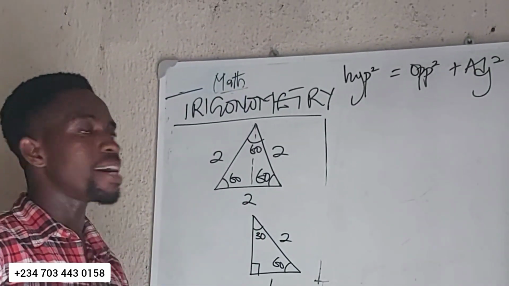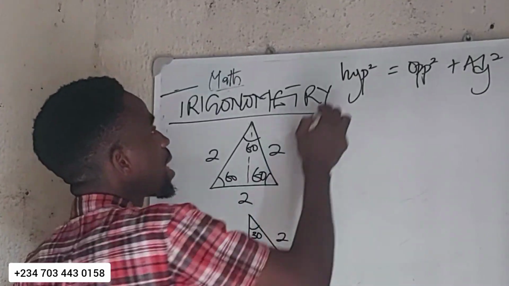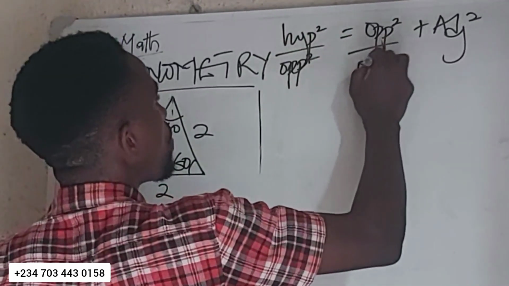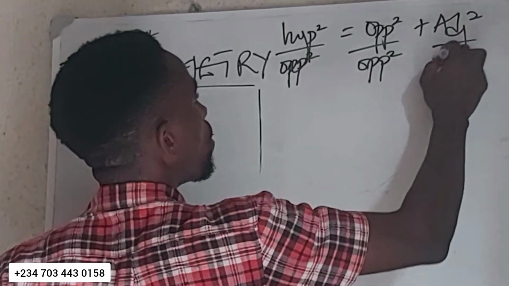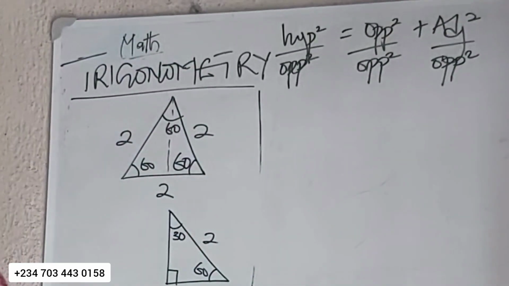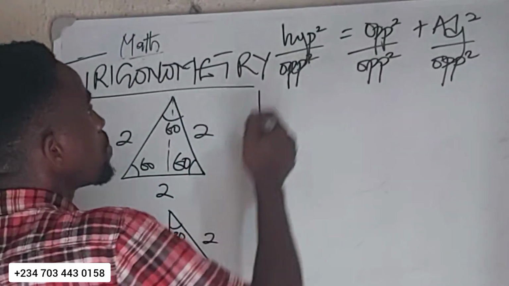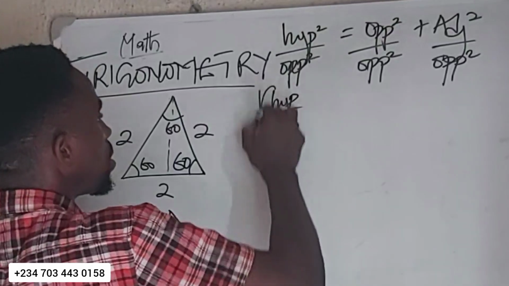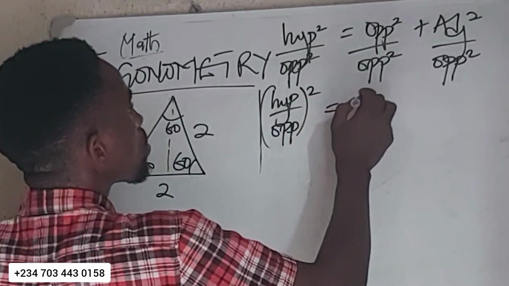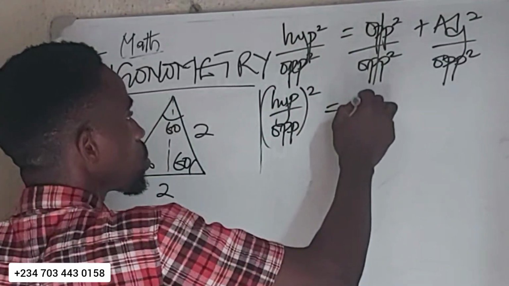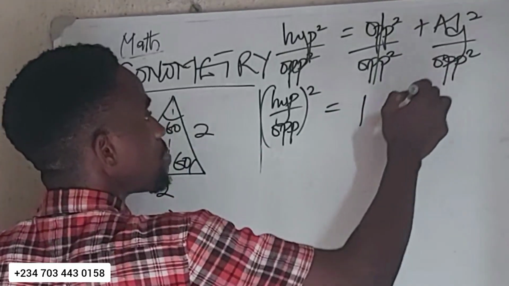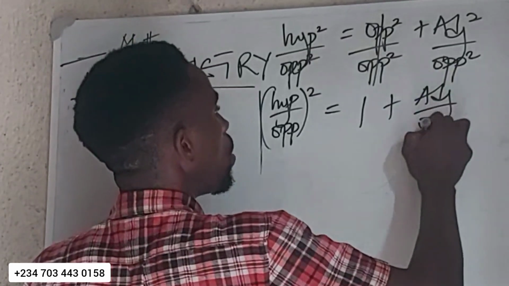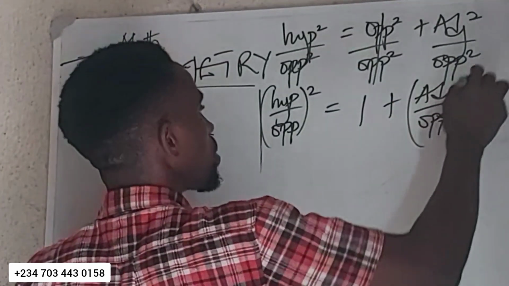If I decide to divide through by opposite squared, I'll now have hypotenuse over opposite all squared is equal to, this cancels with 1, plus adjacent over opposite, all squared.